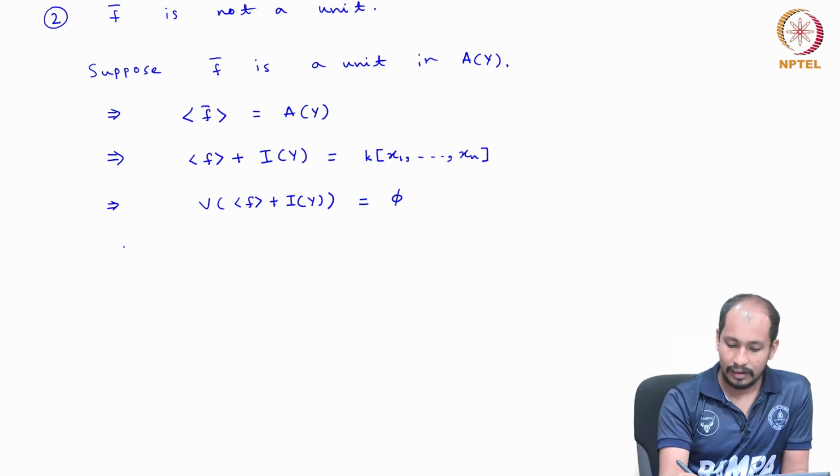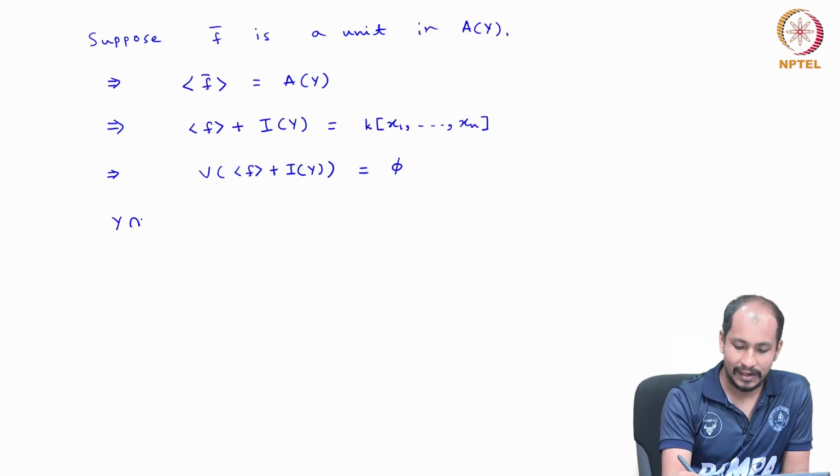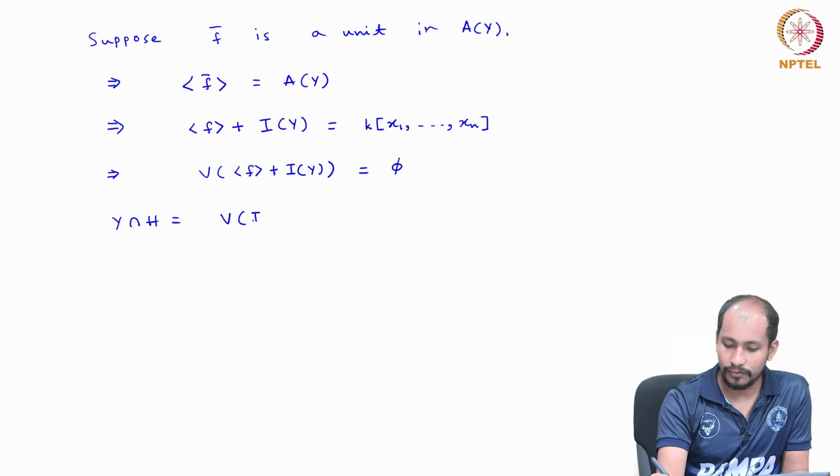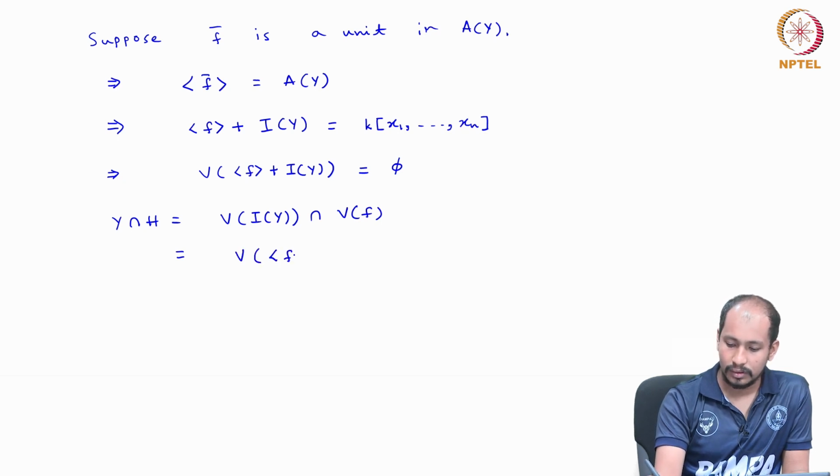Okay. Now Y intersection H: Y is nothing but V(I(Y)), and H is V(F). So this equals V of the ideal generated by F plus I(Y).